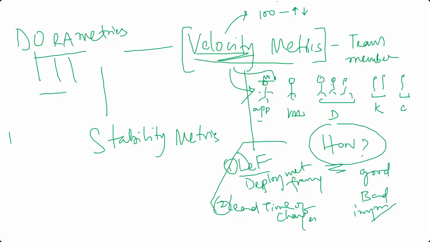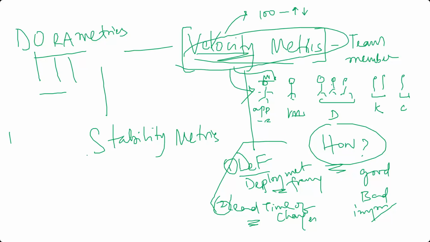He has to measure, to check whether my assumption that the team can burn 100 story points versus the actual, did they really burn 100 story points, comes out using velocity metrics. So deployment frequency and lead time to changes are two metrics which are typically followed by the DevOps leaders to understand how the team is behaving. We'll go into them in detail.